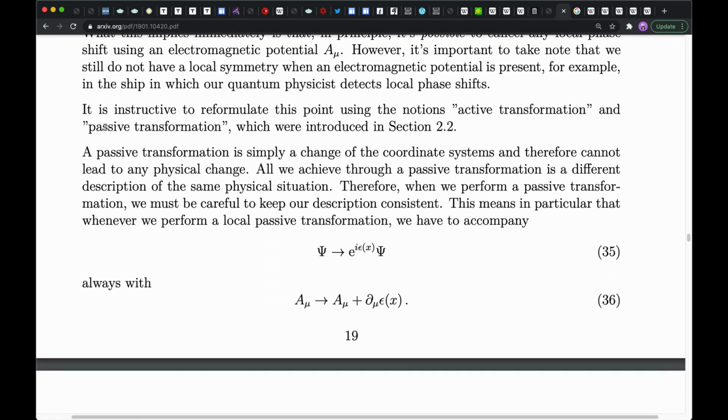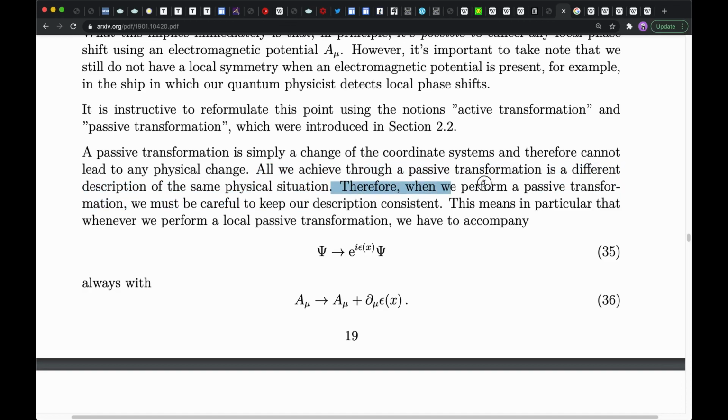So it's instructive to reformulate this point using the notions of active transformation and passive transformation. A passive transformation is simply a change of the coordinate system, and therefore cannot lead to any physical change. All we achieve through a passive transformation is a different description of the same physical situation.